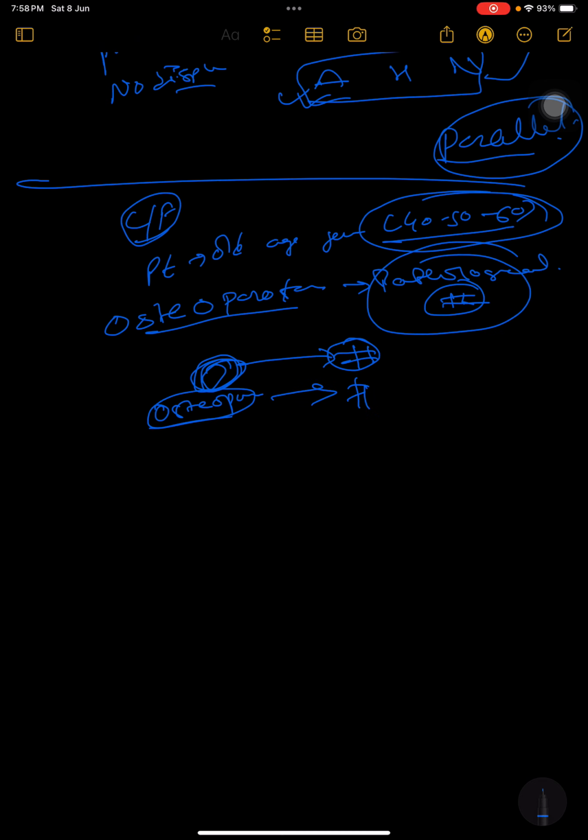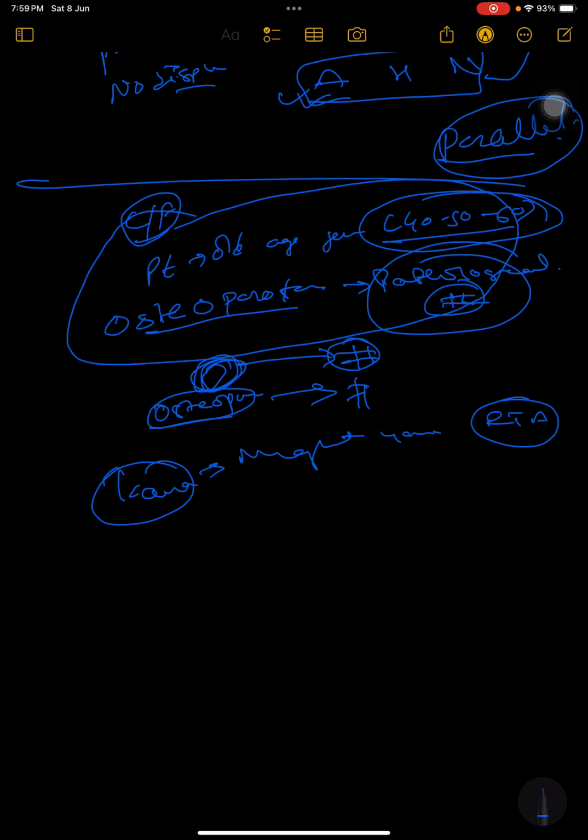It might happen because of certain trivial trauma, like catching the toe in the carpet, or falling in the bathroom. It might also happen in young adults in the case of trauma like RTA, or associated with other fractures. But the most common is the old age female, pathological fracture, trivial trauma.